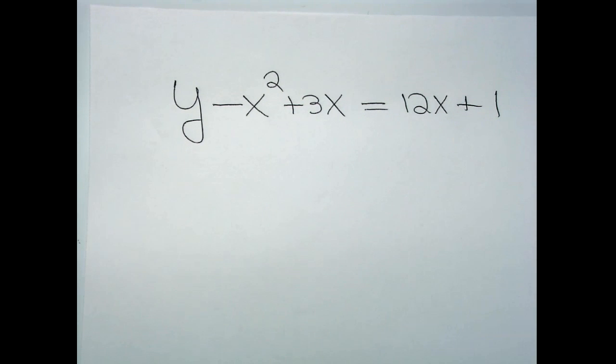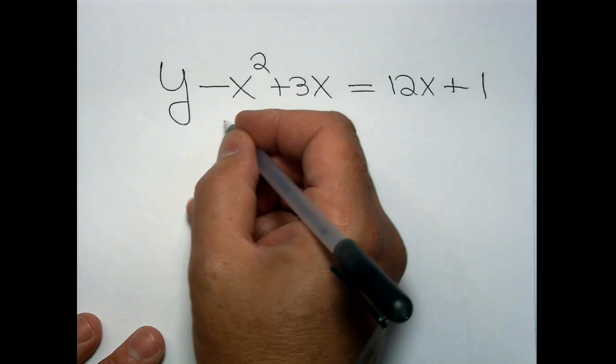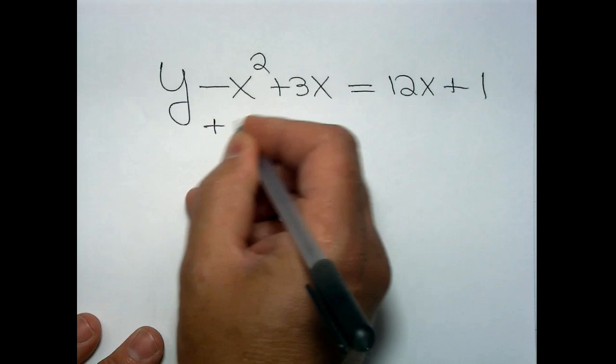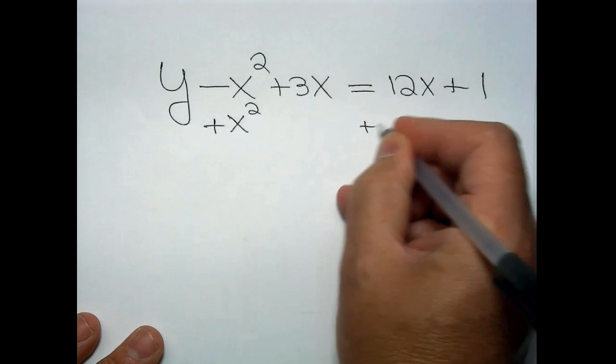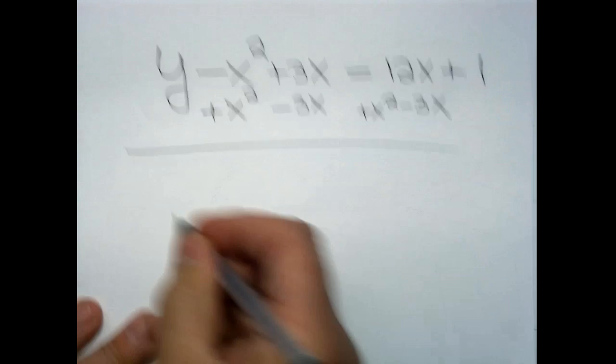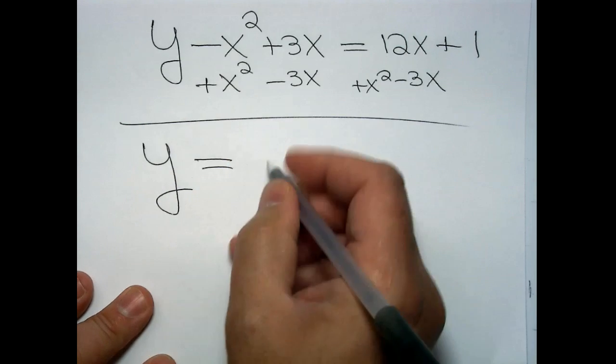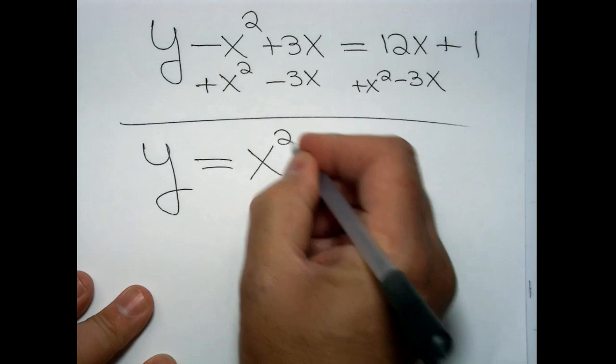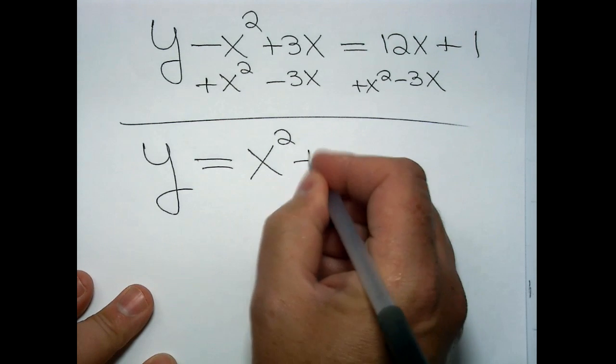For any given value of x, there is only one magic value of y that makes the equation true. But the way to figure that out is to rewrite it in explicit form by adding the x squared over here and taking the 3x away from here. And now it just pretty much spells it out for you. Y is this calculation over here.